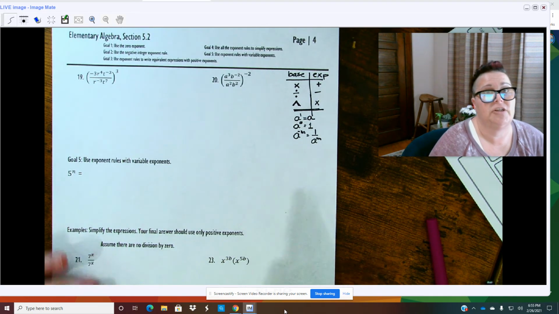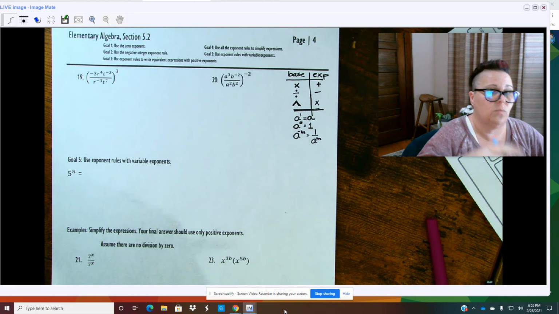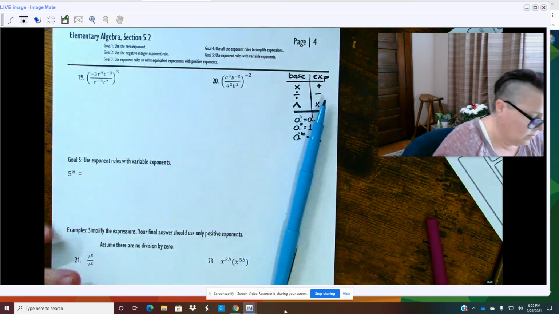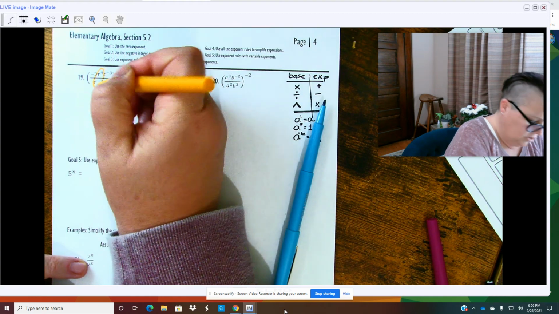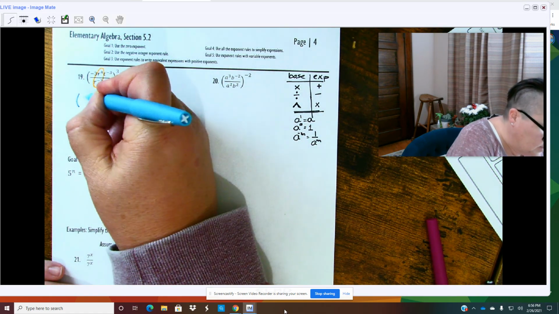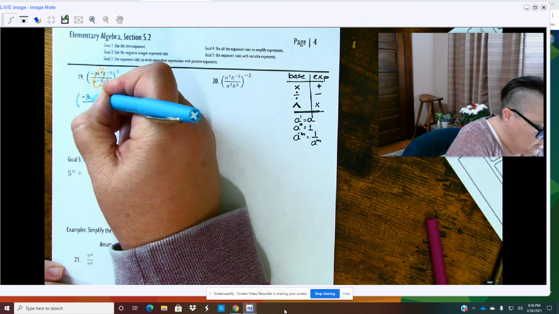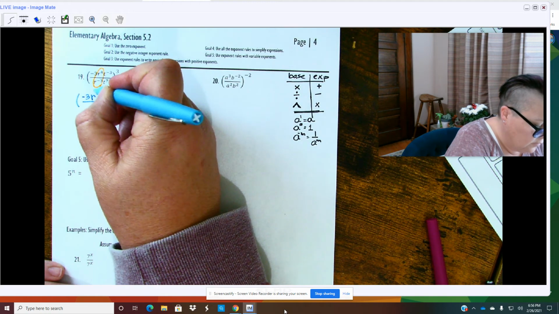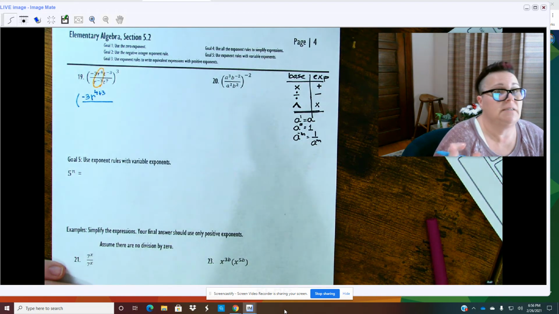Second strategy, inside out. I'm going to start inside my parentheses and work my way out. So if I do that, then I recognize that this r over r here is a quotient. And I can start with the -3. R to the 4th and an R to the -3rd would be R to the 4 minus a -3. Minus a minus is still a plus.